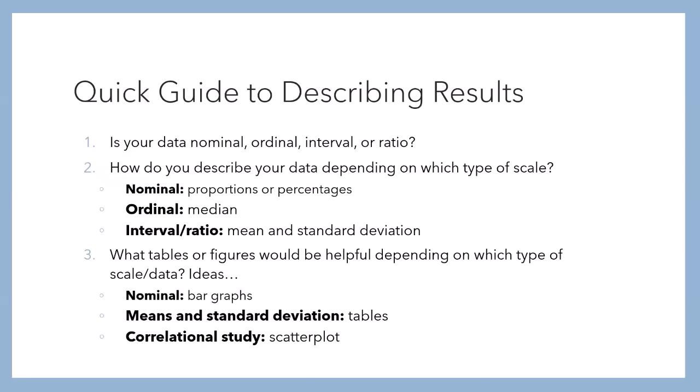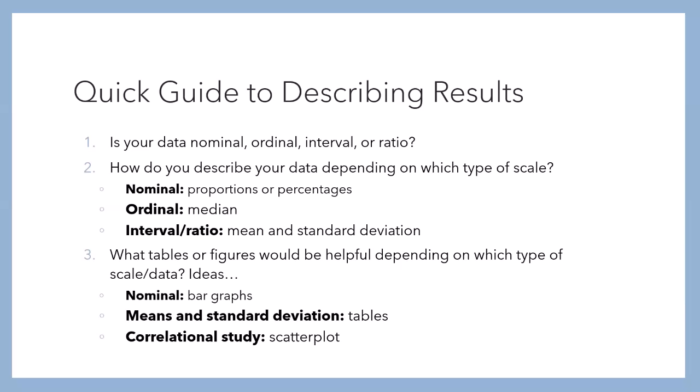And I've prepared a quick little guide to how to describe your results because I know it is pretty complex. So hopefully this will give you at least a place to start. First, you want to ask yourself, is your data nominal, ordinal, interval, or ratio? Once you decide that for both your independent and dependent variables, you want to ask yourself how you describe your data depending on what type of scale.